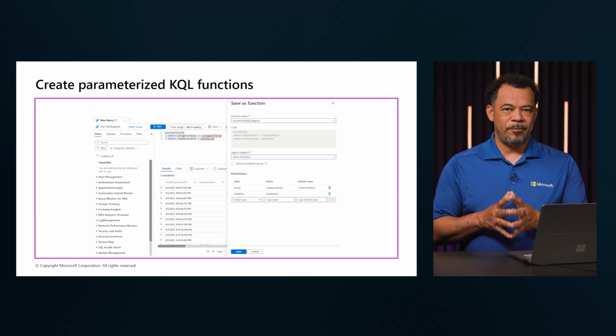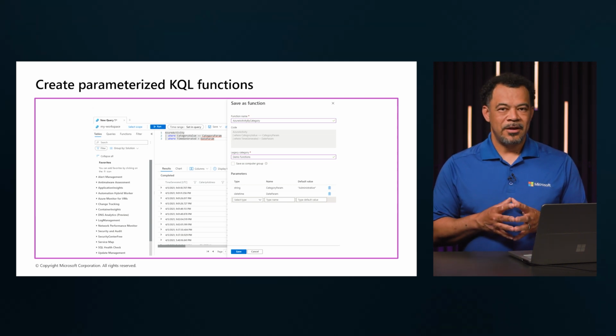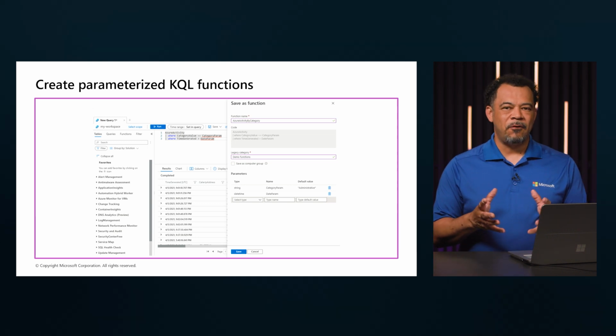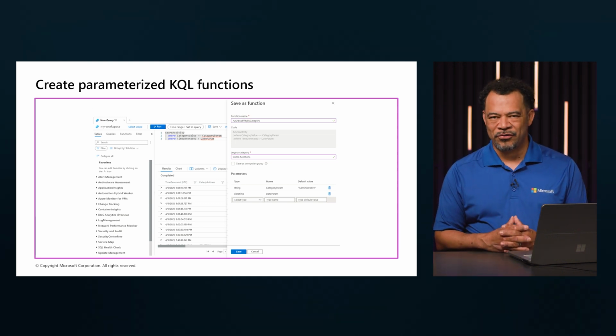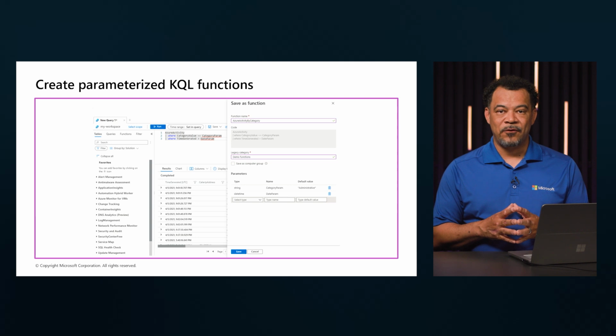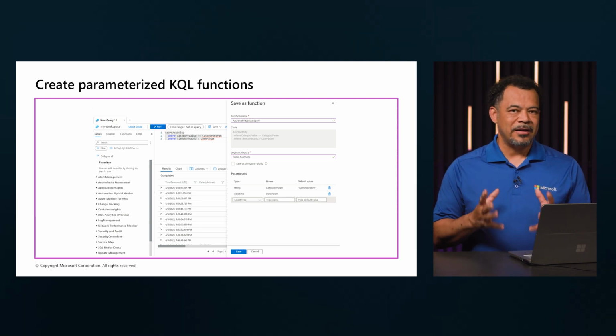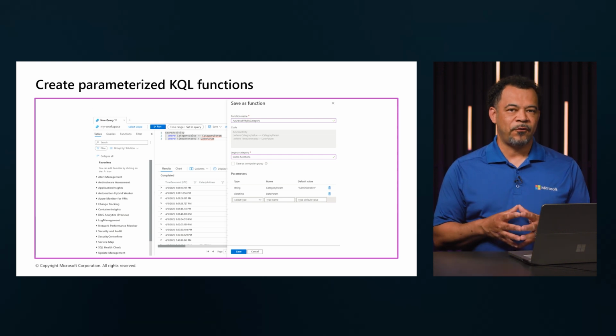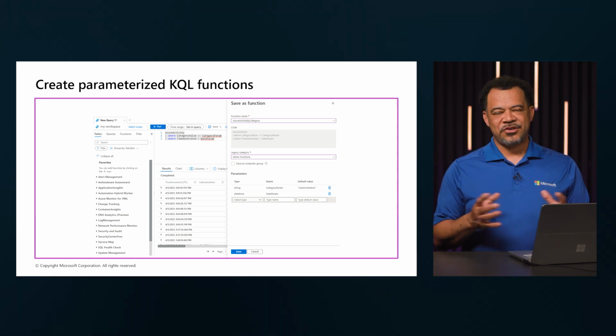Define each parameter by specifying its type, such as a string or date time, and set default values to streamline your overall usage. After saving, the function becomes reusable, allowing you to call it with different parameter values across various queries for consistent and efficient analysis.